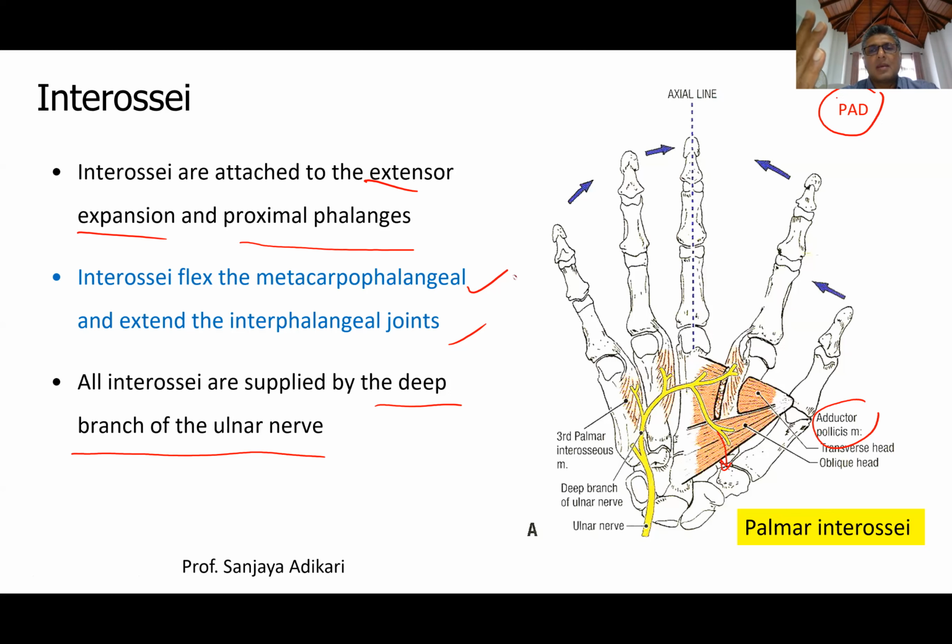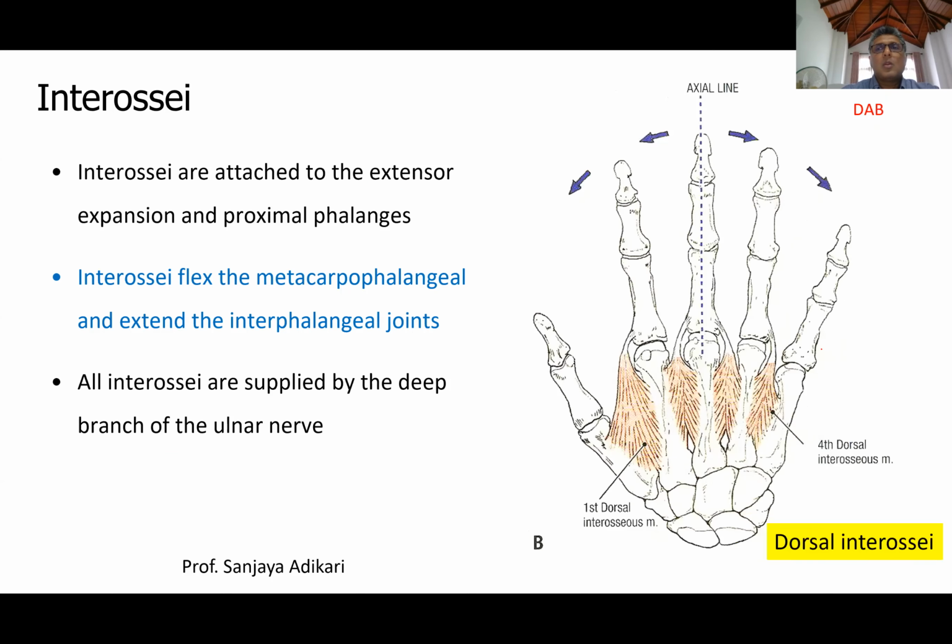It's in the midline. Only three palmar interossei, but sometimes some people will have a fourth interosseous. On top of adductor pollicis, you can have another interosseous to adduct the thumb, even though it's not very economical. So usually it's three palmar interossei, and you can have a fourth one attached to the thumb.